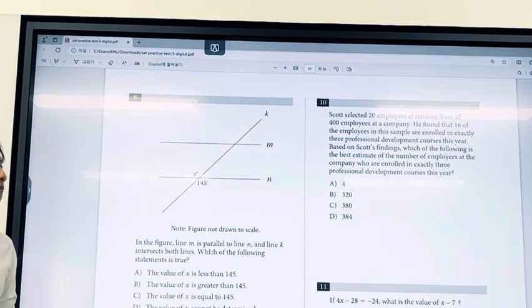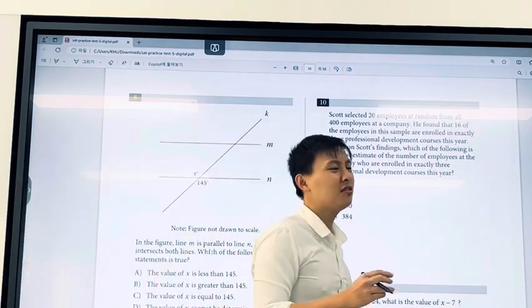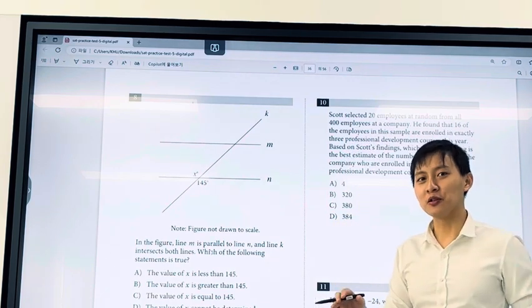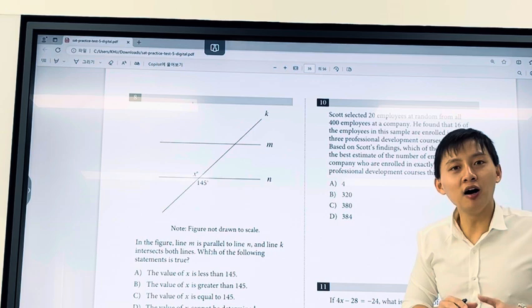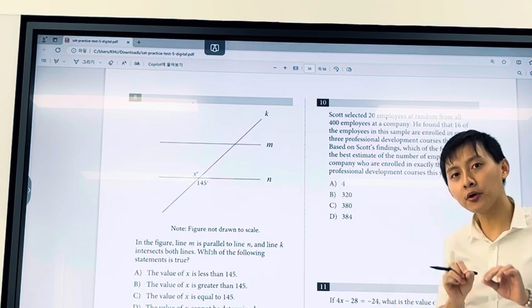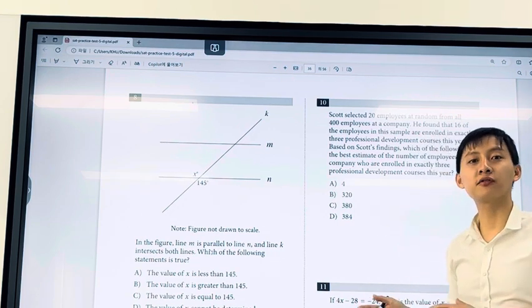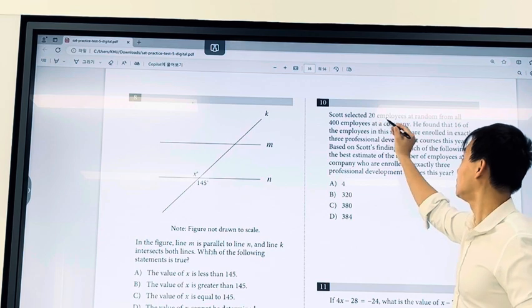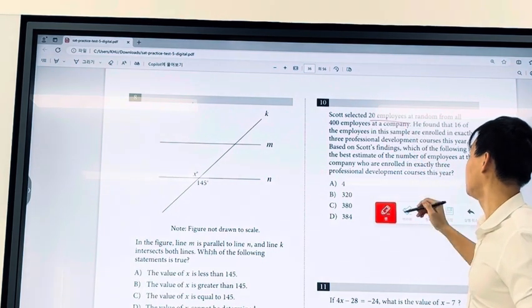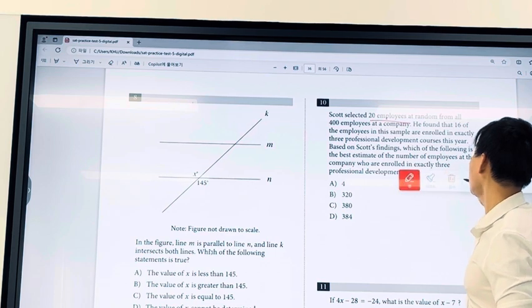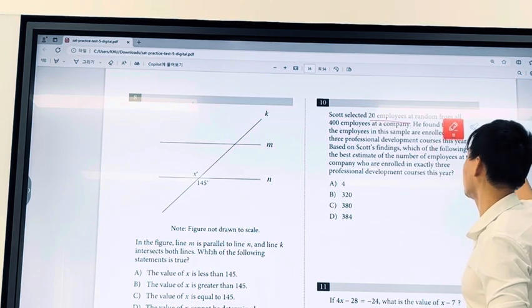And question 10. On this question there are a lot of words, so we only pick the important information the question gives us. The first thing, highlight 20 employees randomly selected from 100.